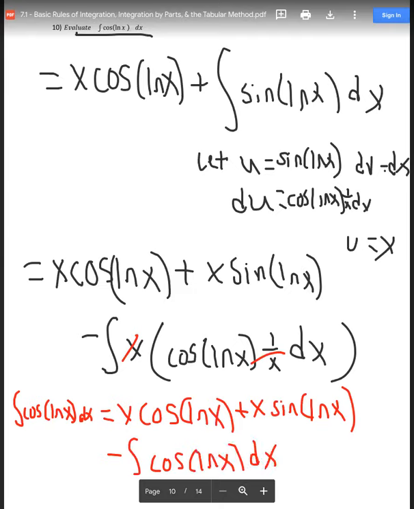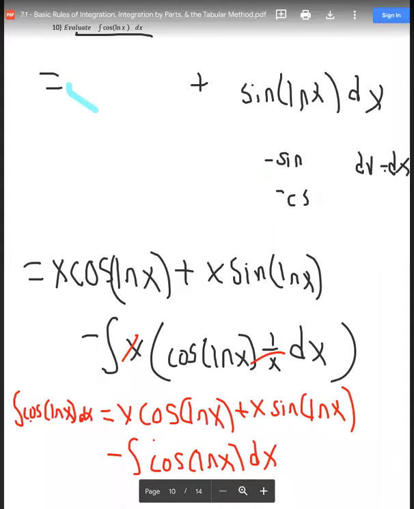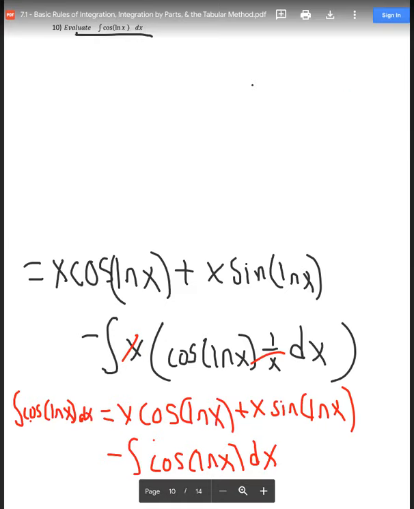Notice how this is the exact same thing as this. So what Miss Q told us in class was that if those are the same term and we're trying to solve for it, what we can do is just move this to the other side.